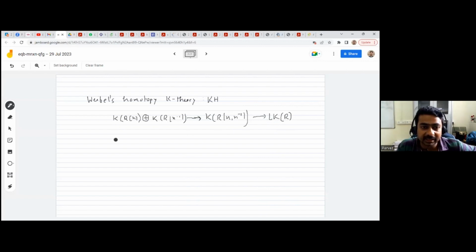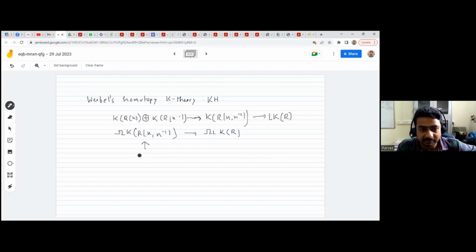Then we have the loop space omega K of R x x inverse. You take the loop on both sides, so this will give a map from omega LK of R. For this you can see Weibel's book.